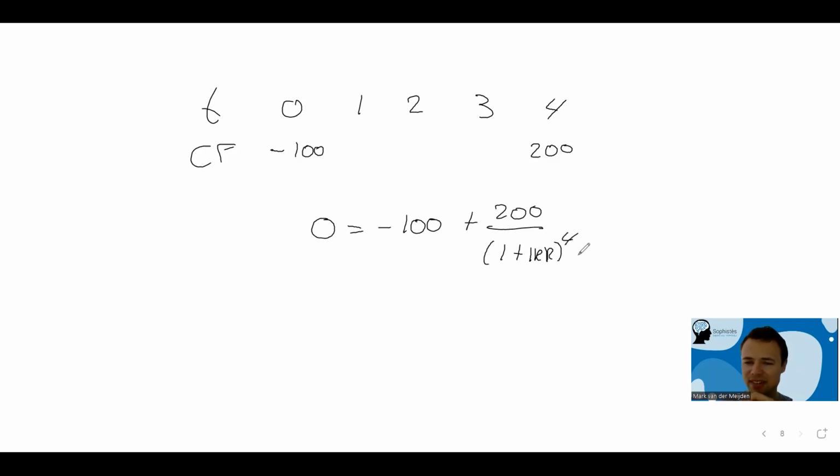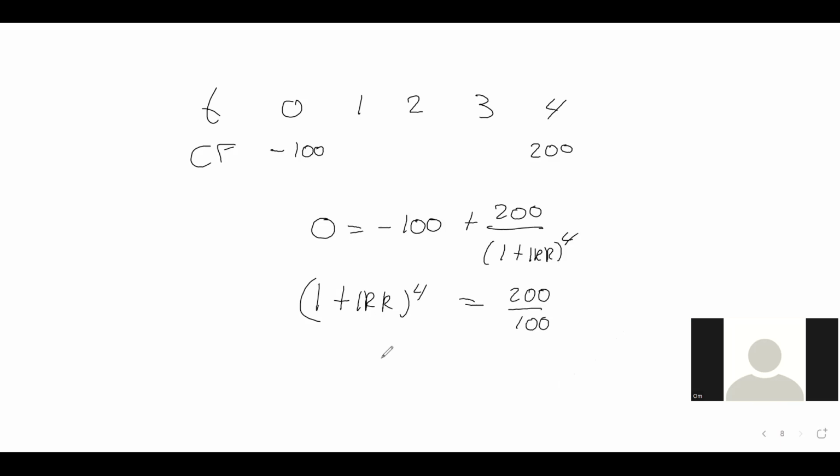Yes, that's the difference here, right? And so what I said is, if you only have one future cash flow, the 200 here, then you can just simply solve it for IRR. How would you do that? You take 100 to the other side, and then you switch around 1 plus IRR to the power of 4. Like this, right?